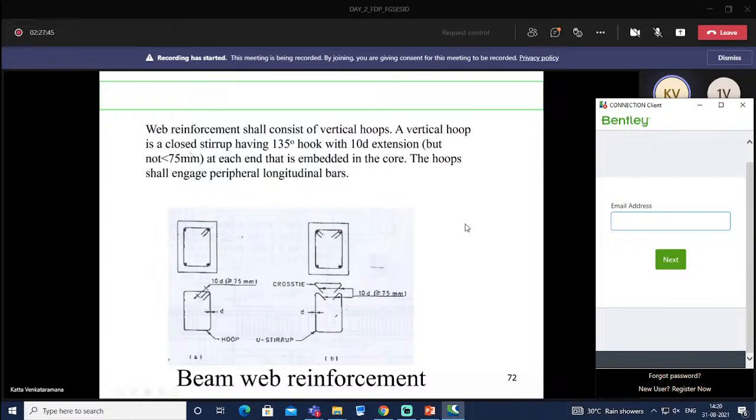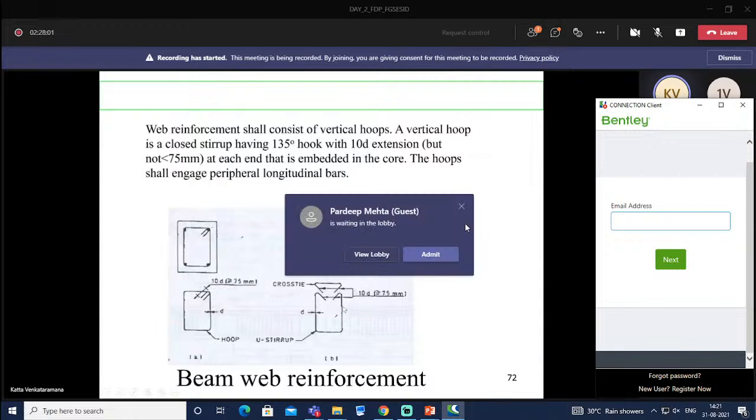In the 2002 code, and in the recent revision, this value is 65 mm, I guess. The hoop shall engage peripheral longitudinal bars. This is shown here. You can provide a 135-degree hook like this, or you can also provide a hook cross tie, as you can see here. And this length is 10 times the diameter, more than 75 mm.